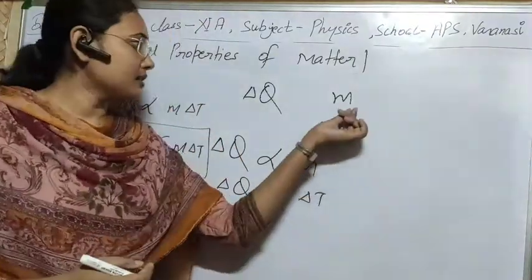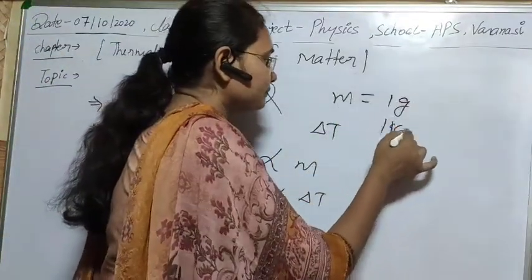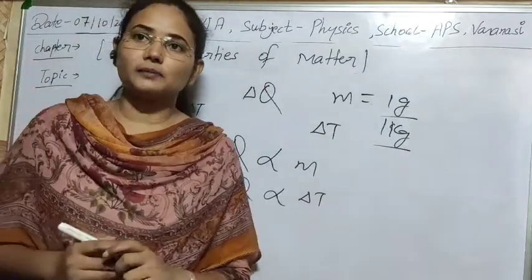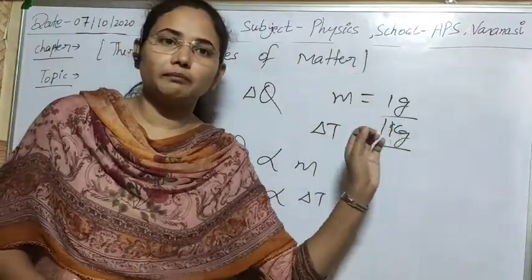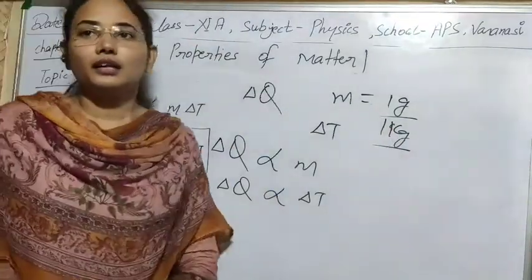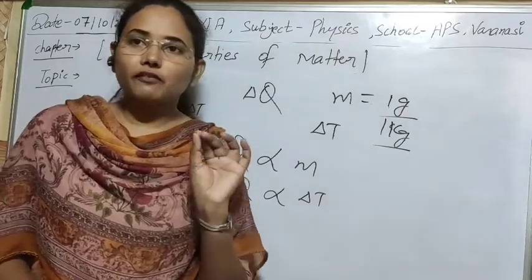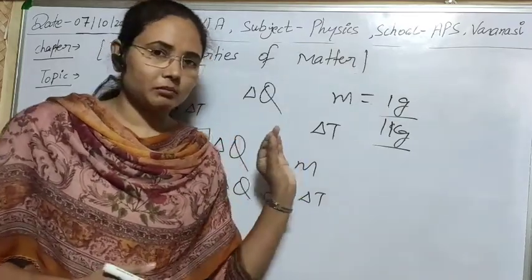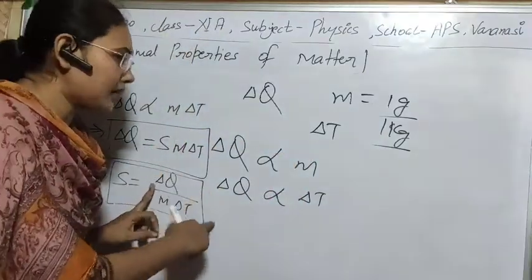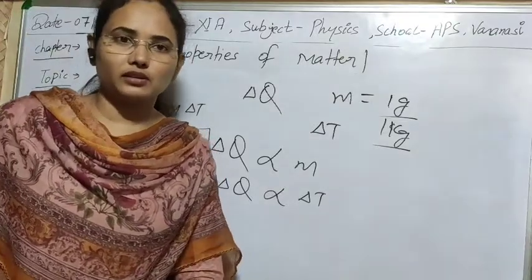If this mass is taken as 1 gram or 1 kilogram, meaning we fix the mass of the substance at 1 kg or 1 gram, then this heat capacity is called specific heat capacity. So for a specific value of mass, the heat required to change its temperature by 1 degree Celsius is known as its specific heat capacity.